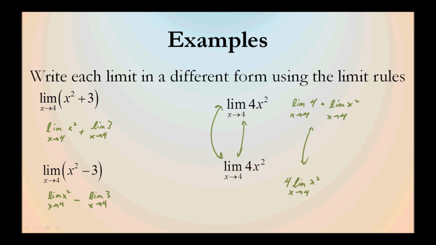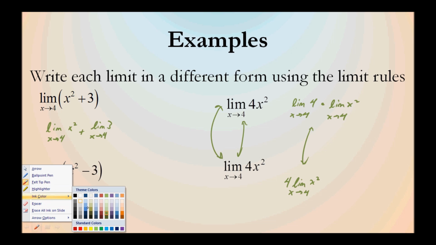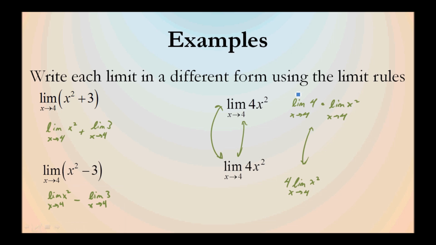And this is because of this bit right here, because we know from one of the rules that the limit of 4 as x approaches 4 is 4. So what we essentially have here comes out to 4 times the limit of x squared as x approaches 4.